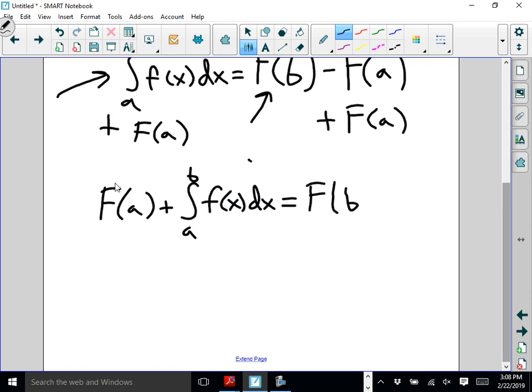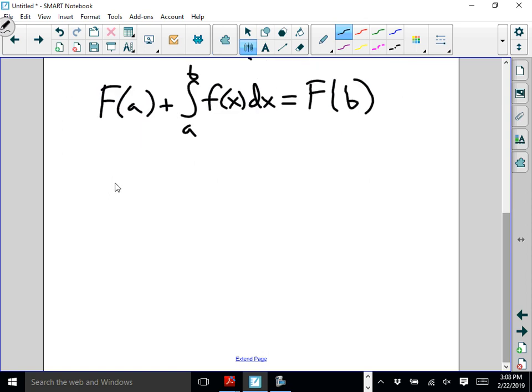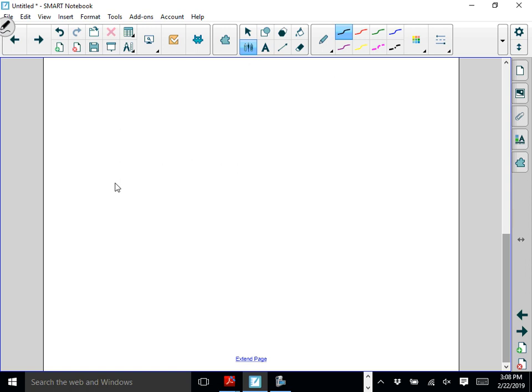Let me show you what I mean by this with an example. I'm going to show you how to solve it in a different way that also works, and there are advantages to both methods. So here's what we know. Capital F is an antiderivative of f.